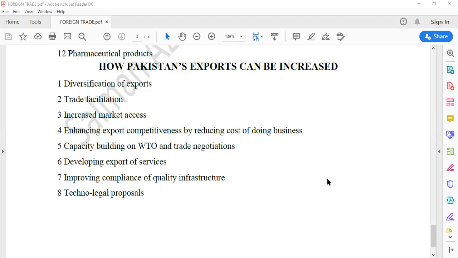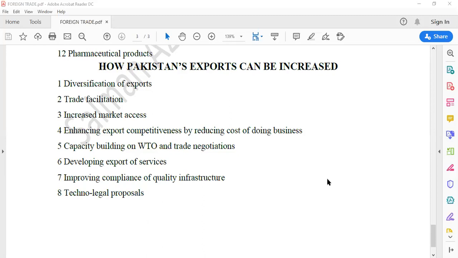Fourth is enhancing export competitiveness by reducing cost of doing business. When the cost of doing business is expensive, cost of production becomes expensive. Because of that, our exports can be lesser in number.